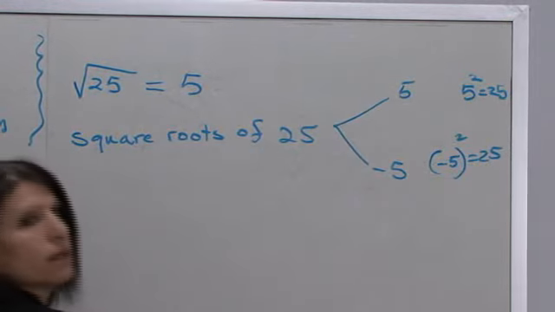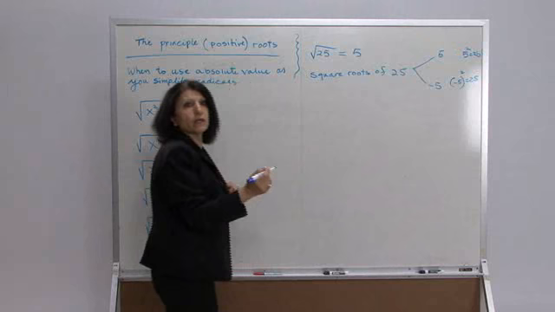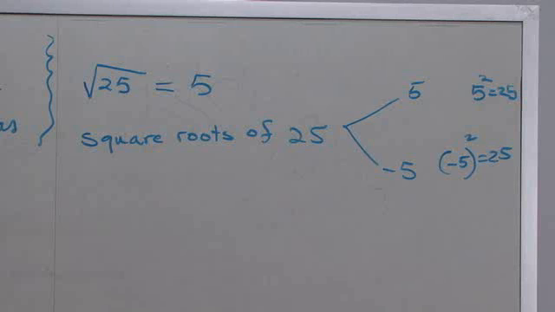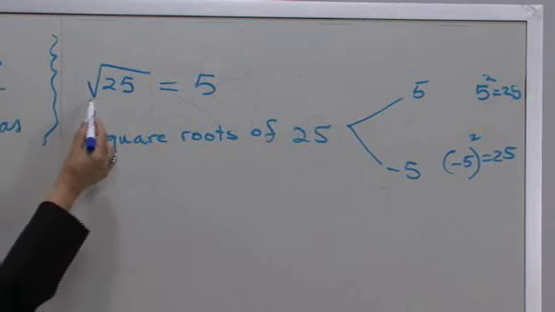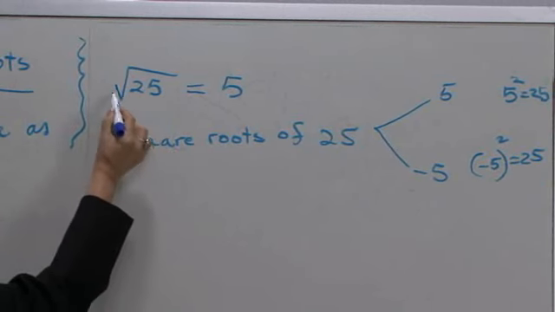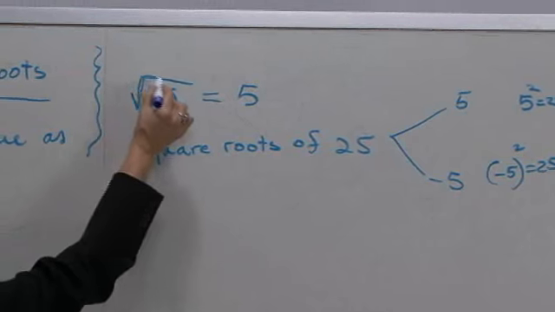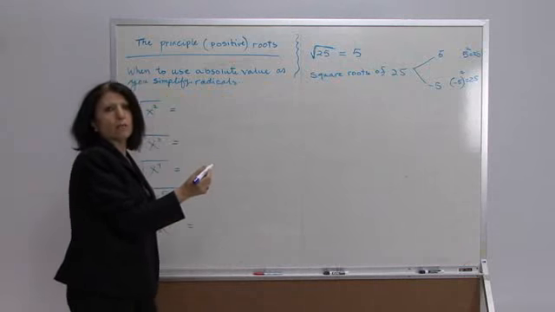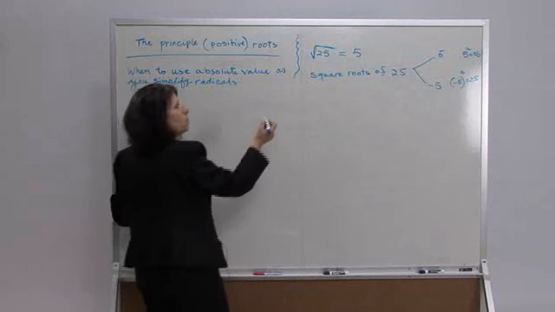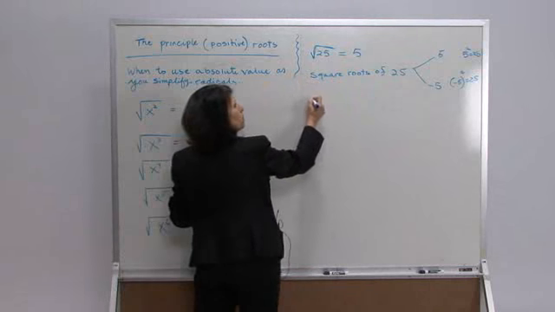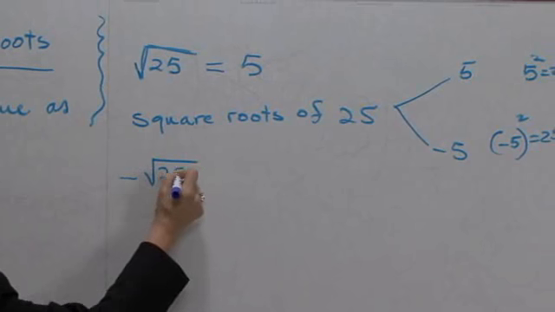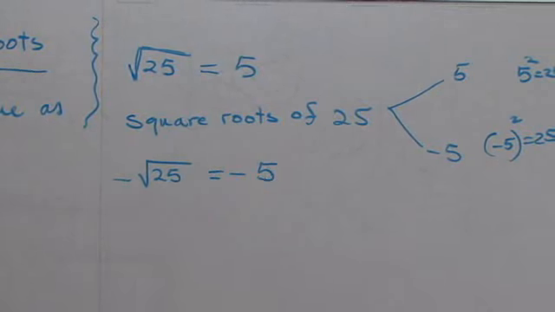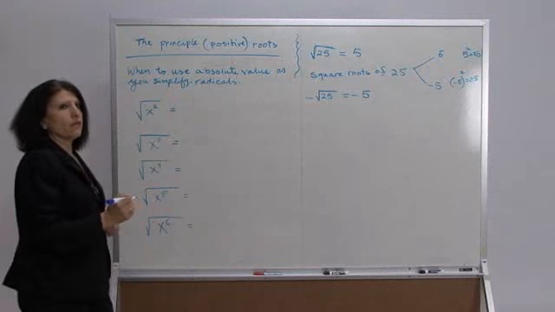So if you square 5 and you square negative 5, both of them will give you 25. But whenever we use the square root symbol like that, this includes in the meaning that this is the positive root. So we're asking that you get only the positive answer. If we want the negative square root of 25, then that's how we write it. You find the square root of 25, which is 5, and then you take its opposite, or the negative.